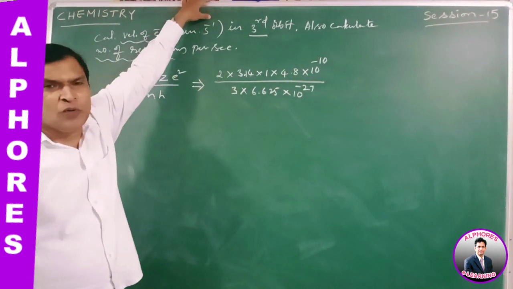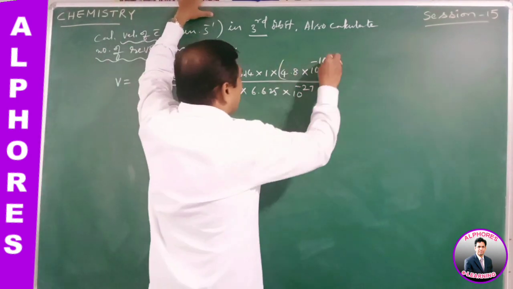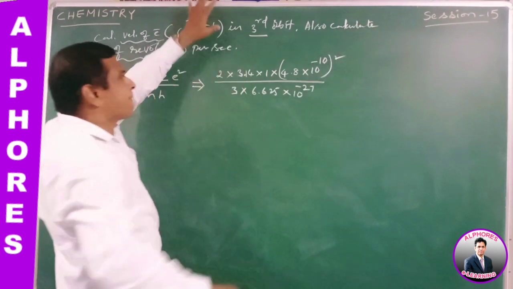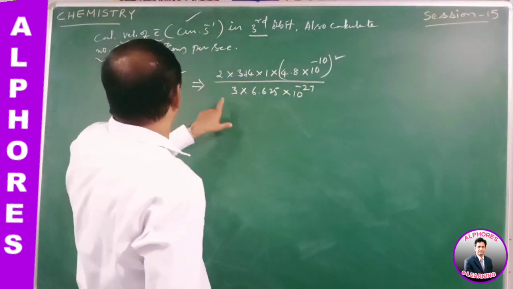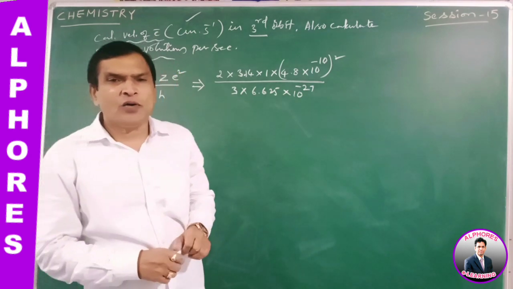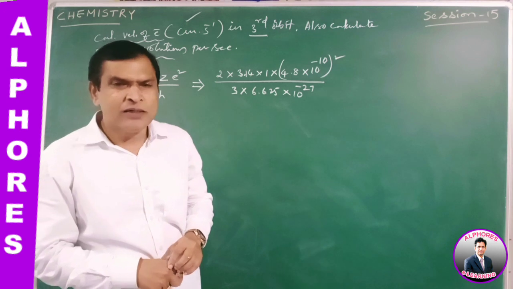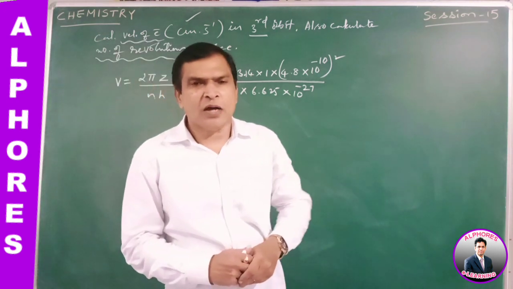Now this is e square, right? So 2 pi z e square by nh. So this is velocity of the electron in the third orbit of hydrogen atom.